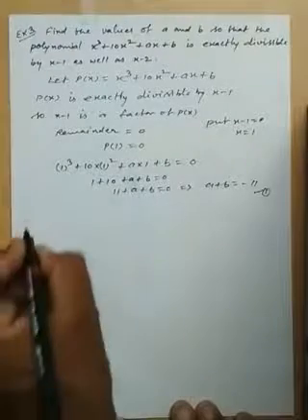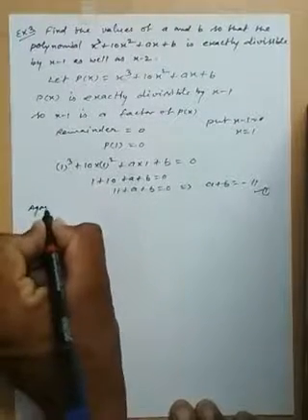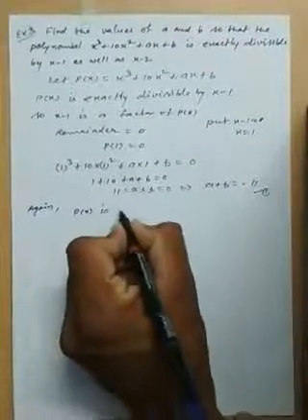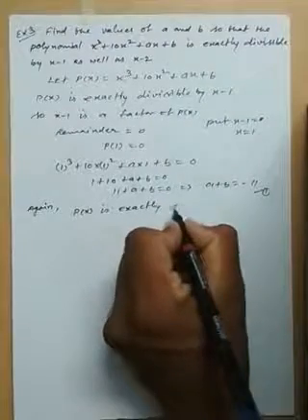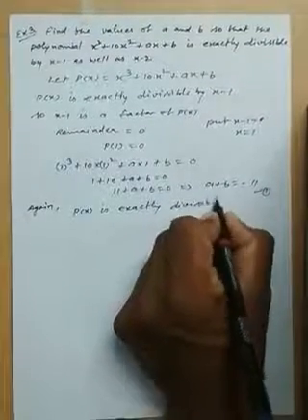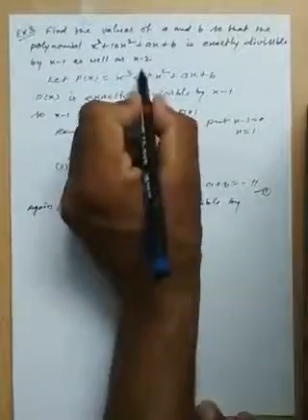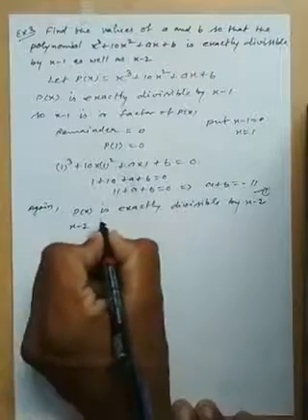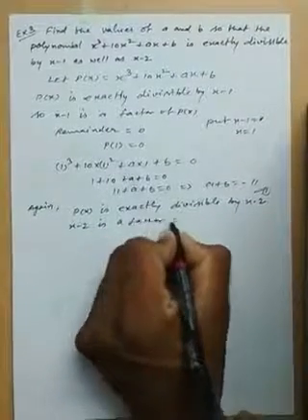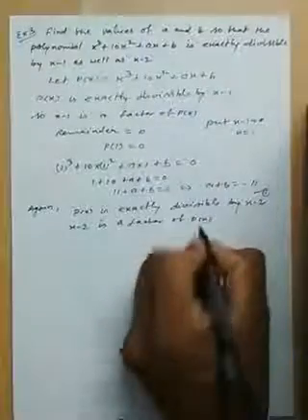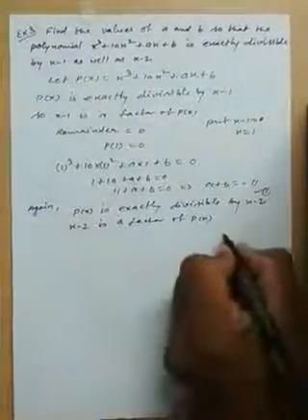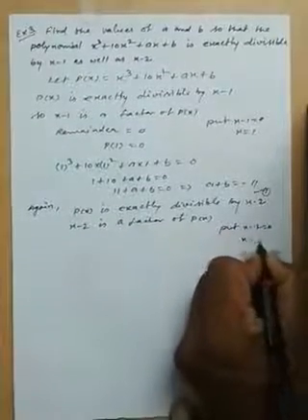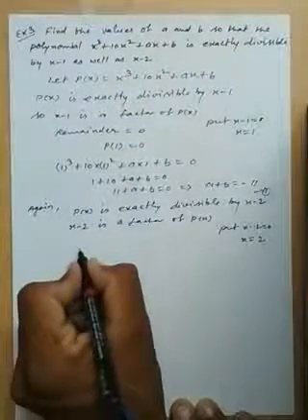Similarly, px is exactly divisible by x minus 2 also. So x minus 2 is a factor, and if it is a factor, then remainder should be 0. So put x minus 2 equal to 0, then x equal to 2 is a 0. So p2 is the remainder.